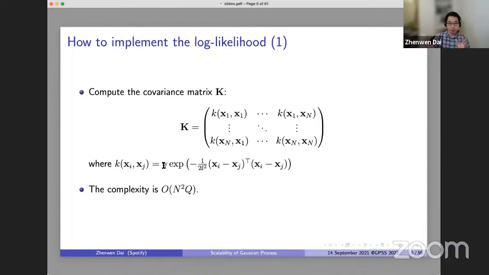But anyway, it's quite easy to see that the computational complexity of calculating such a covariance matrix K is N square Q, because we have to calculate for every individual pair of input locations, which results in an N by N calculation, so it's N square. And Q indicates the input dimensionality, because we have to do those L2 norm or squared distance calculations, which are linear with respect to the input dimensionality. So N square Q is the computational complexity for getting the covariance matrix K.